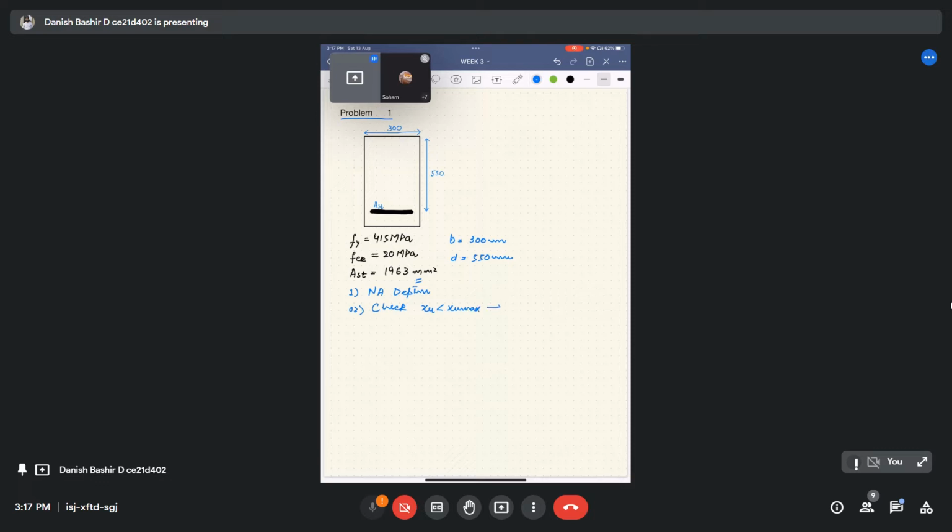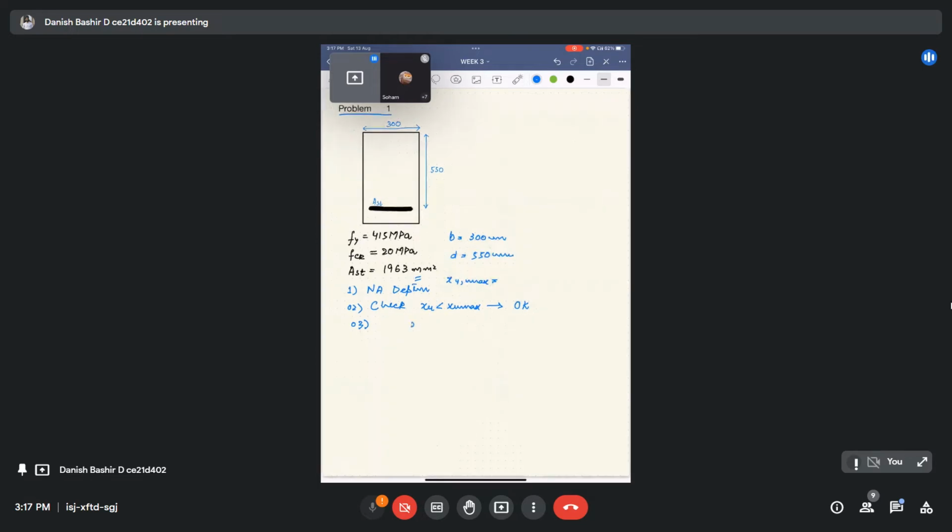If this condition is okay, then we can proceed further. Before starting the neutral axis depth calculation, we will calculate XU max first, and then calculate XU. We then check XU is less than XU max; then it's okay, and we can proceed to the calculation.